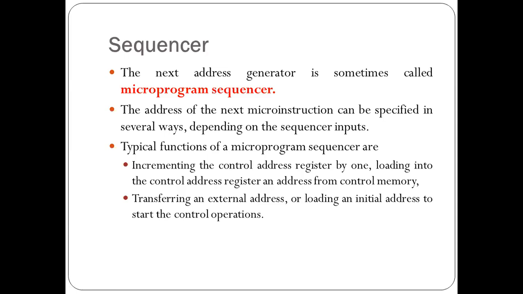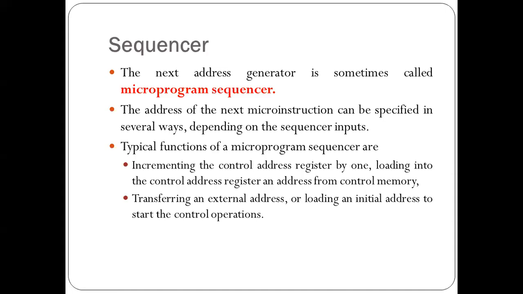Sometimes it is not incrementing; it may be in some other location of the same control memory. Then you have to get that address from the control word, which is available in your micro instruction. So the control address register has to be loaded with another address from the control word, and this other address is available in the micro instruction itself.